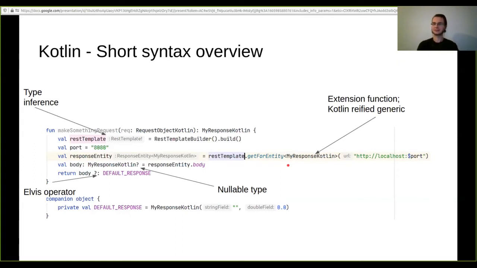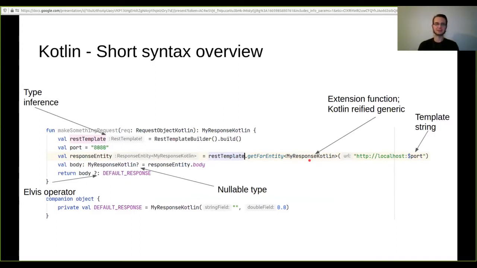And we have the so-called Kotlin reified generic here. So we just pass in the generic here for the method call, or we could also type the response entity here. And that way the class is already passed on to the RestTemplate and the response will be correctly typed. And one last feature that I used here is the template string.